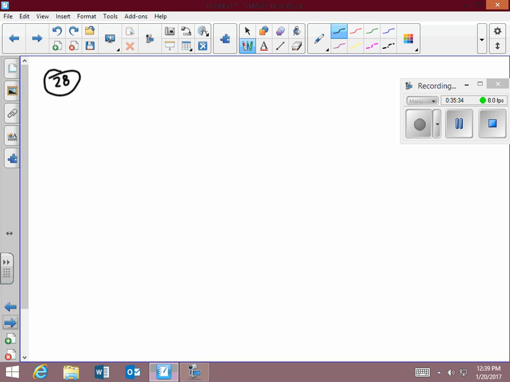It says convert the following angle measures to degrees, minutes, and seconds. So do A. 15.73 degrees. So I do 15, and then do 0.73 degrees, 60 minutes in 1 degree.